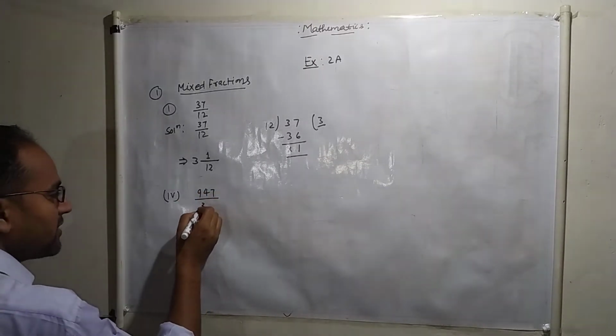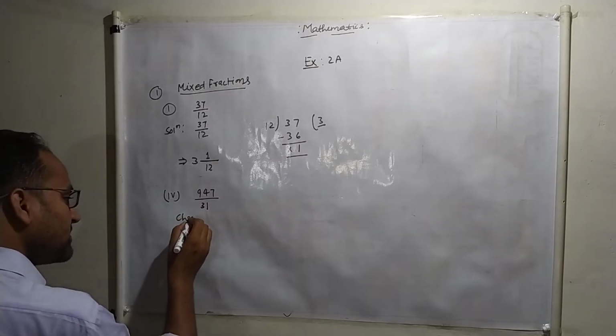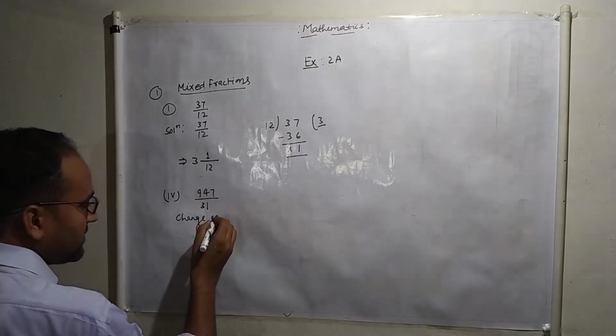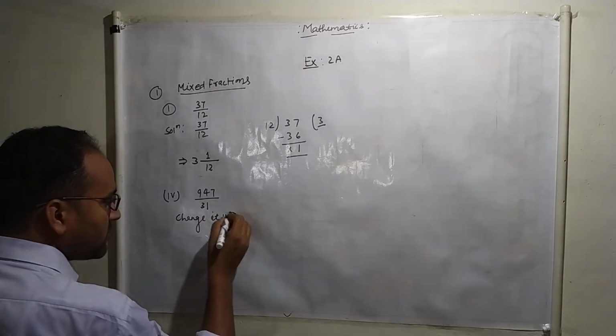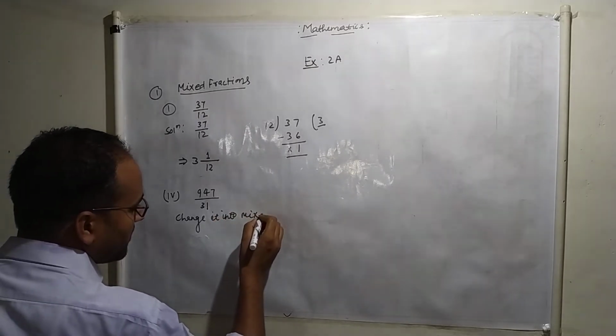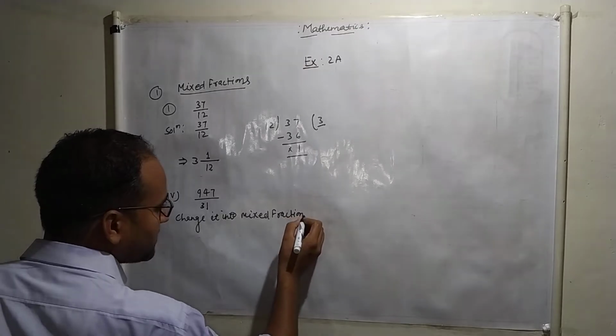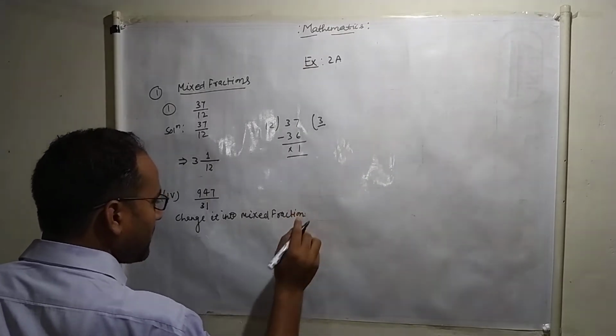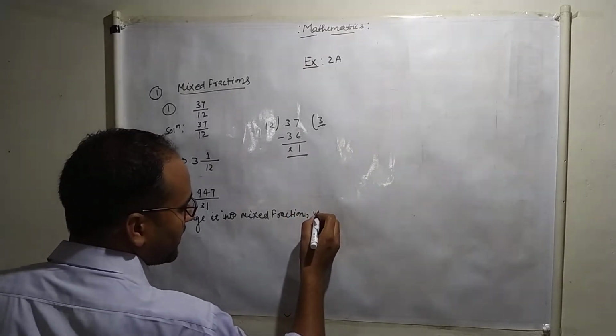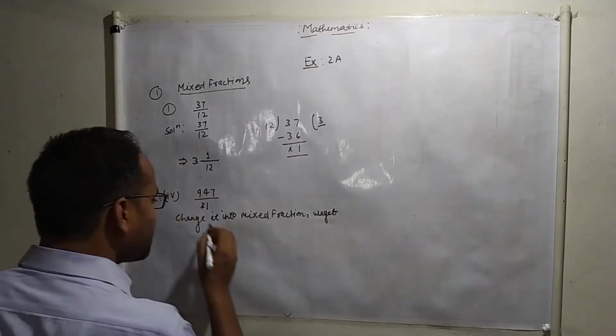947 upon 31. Change it into a mixed fraction. It's very easy, students.